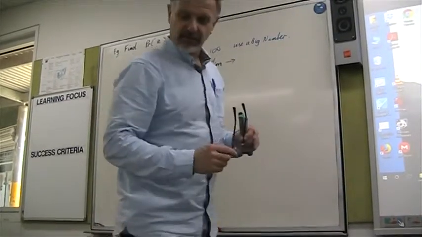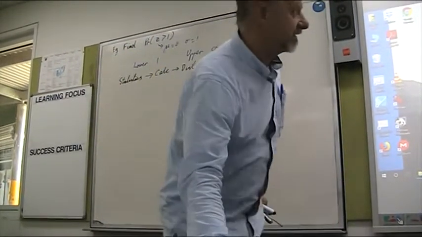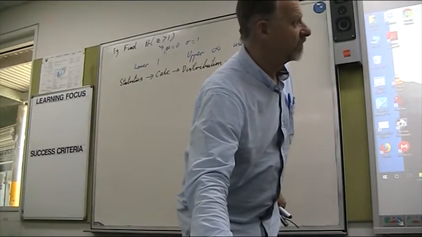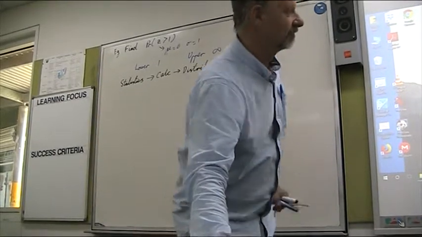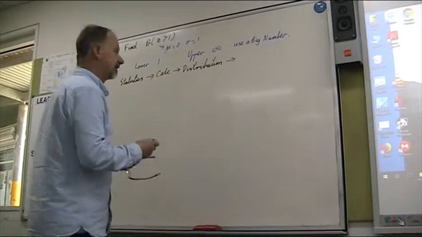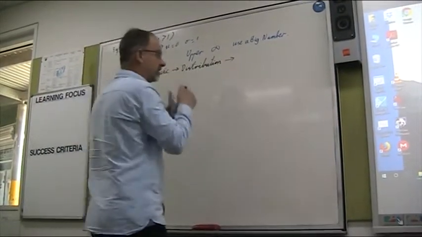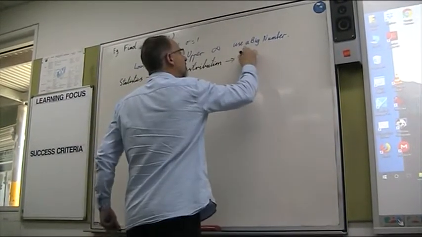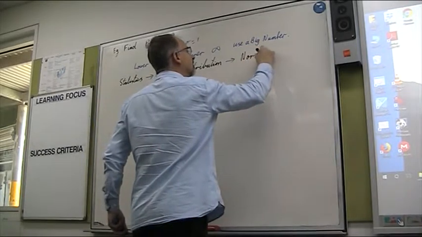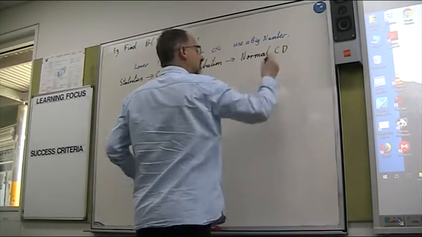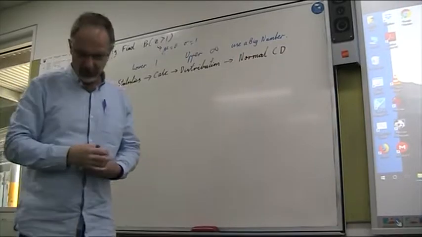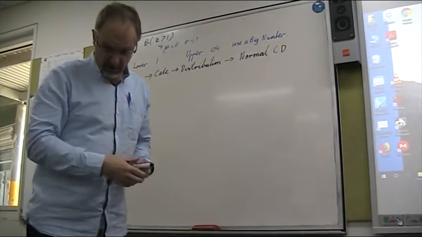All right, and we're after the second one on the list, the normal CD. So the distribution, the one we want is normal CD, cumulative distribution.